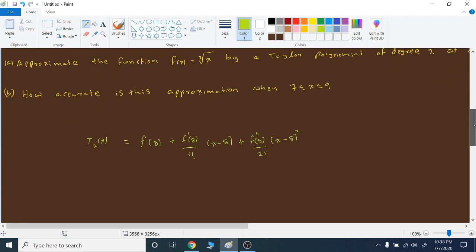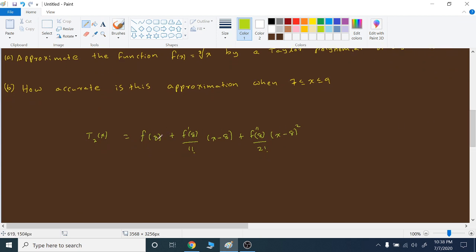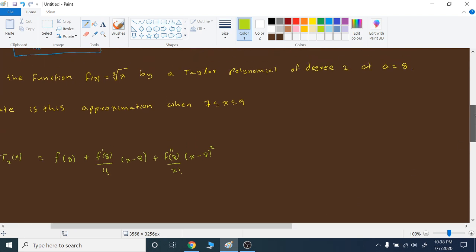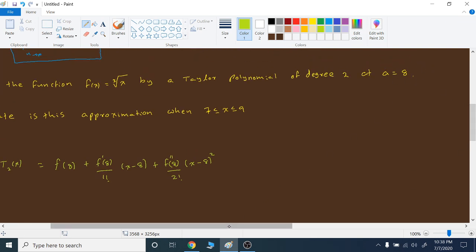Now that means we just have to find the first derivative and the second derivative and evaluate them at the given points. This 8 is there because we are supposed to find the Taylor polynomial centered at 8.